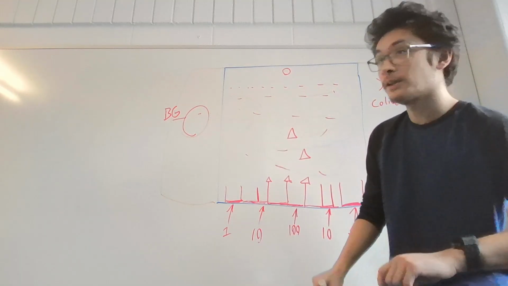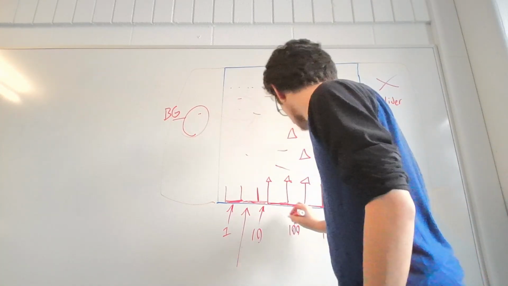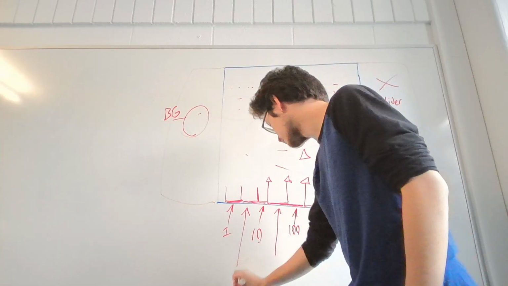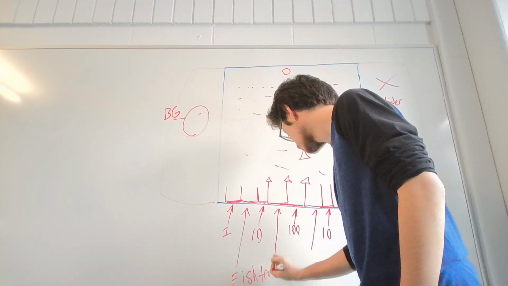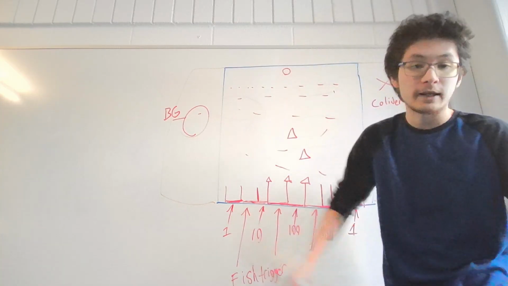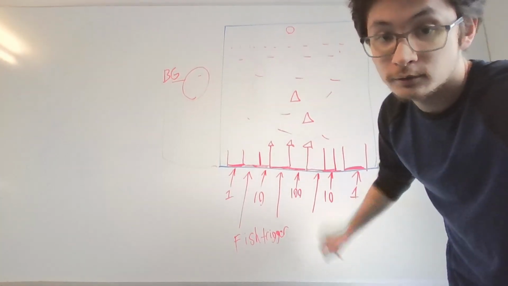The ones in between are different. These ones are what I call a fish. Each of them is called a fish trigger. There you go, fish trigger.